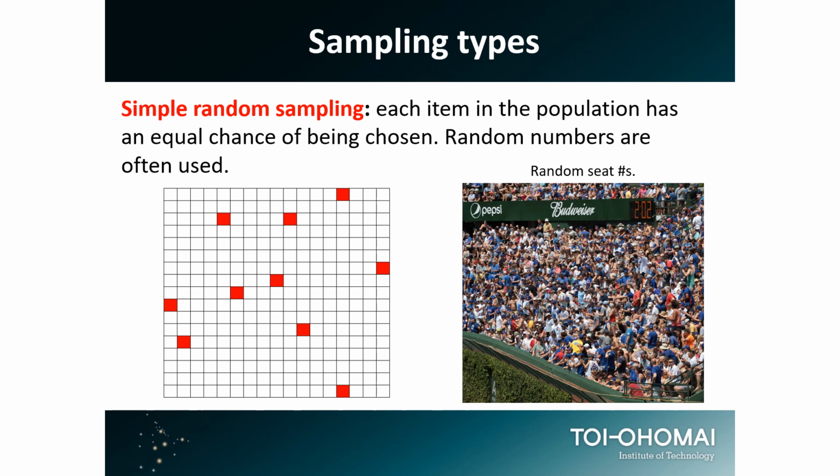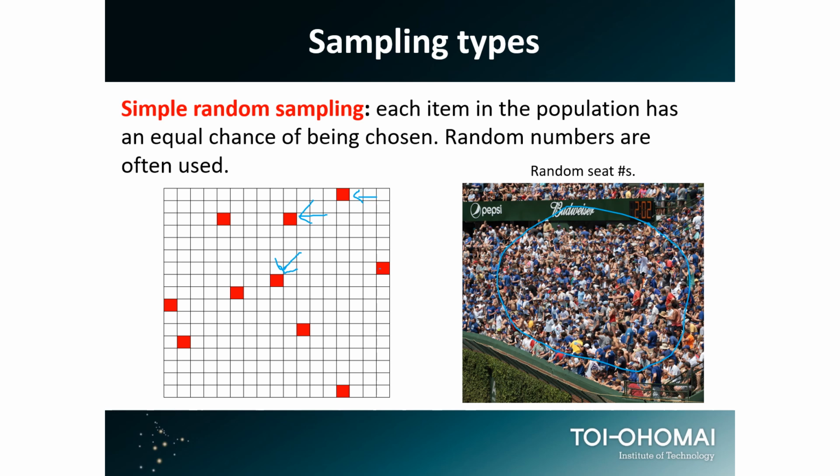That takes all the bias out of the person deciding who will be sampled. So in this example, we grid out this crowd, all the seats, and we'd use a random number generator to pick this seat and this seat and this seat, and we'd get our samples by going to those seat numbers, and that way we wouldn't have any bias.